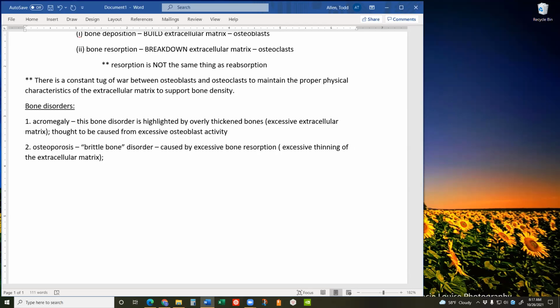Osteoporosis is thought to be caused from excessive osteoclast activity.